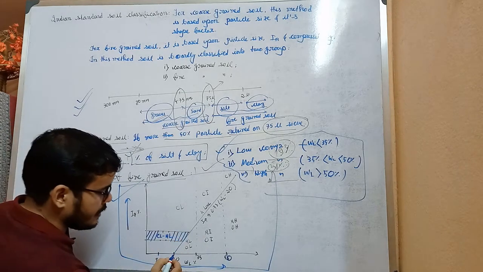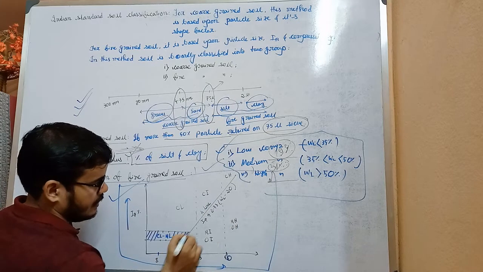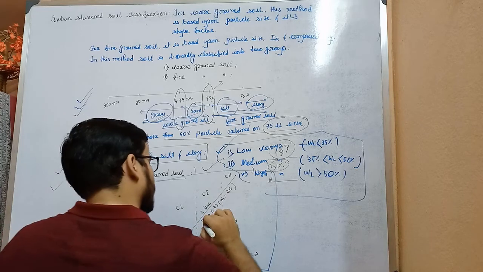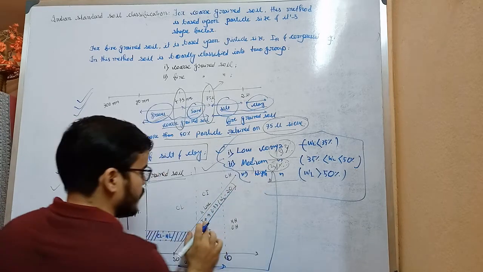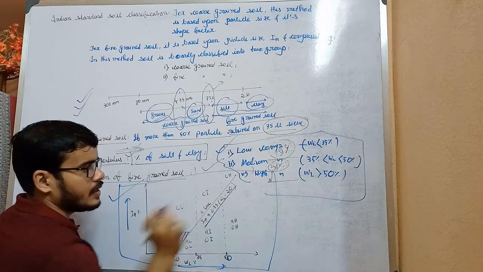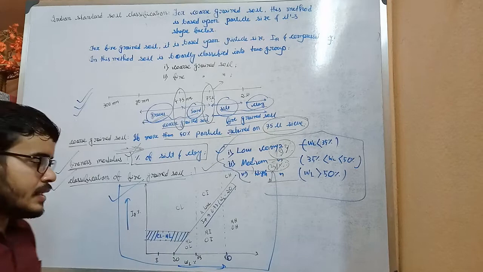And there is a line, that is A line, that starts from liquid limit 20 in this pattern, and the equation of this line is IP equals to 0.73 into (WL minus 20).